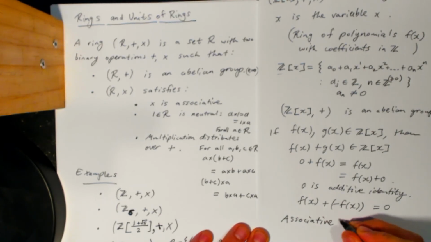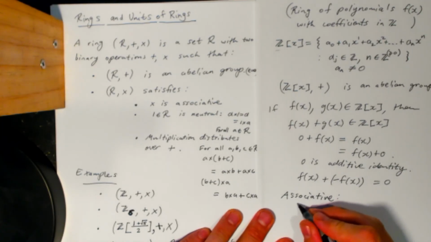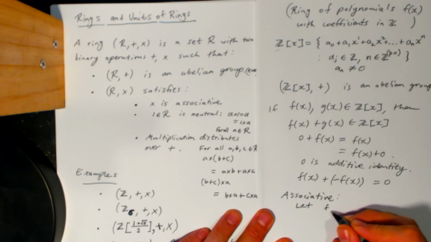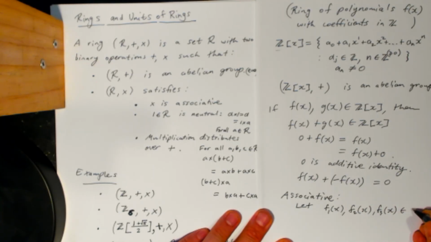I'll just give you a sketched proof of that here. So let f1 of x, f2 of x, and f3 of x belong to this set.